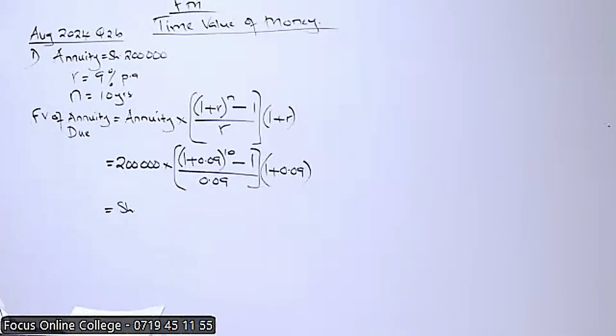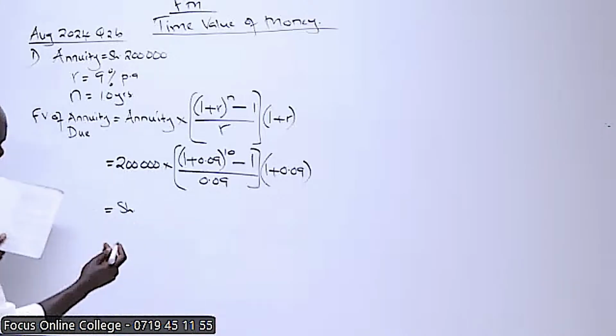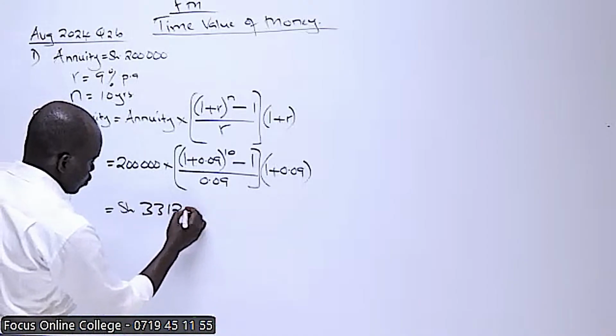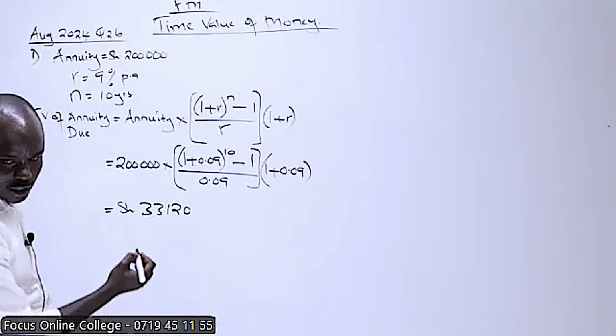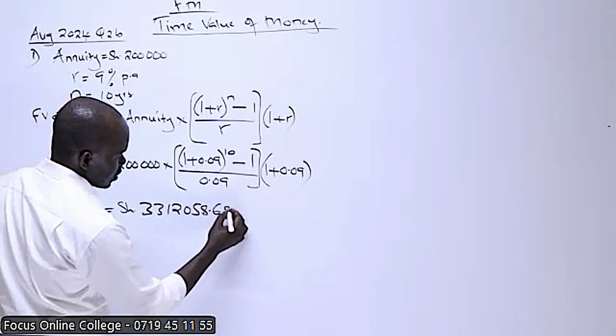You're taking too long, kindly. Yes, you're getting 3,320,058.68.